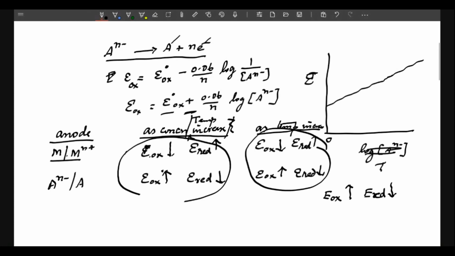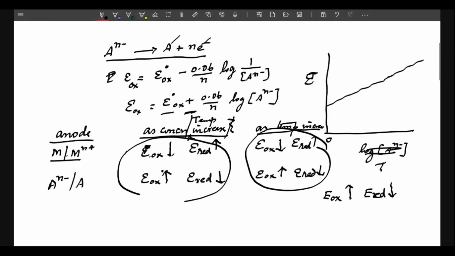This is the situation. And you may be asked which of the following statements is the correct statement. A metal is acting as an anode. Then which of the following statements is correct? Oxidation potential decreases as the concentration increases and temperature increases, or concentration increases, temperature decreases.